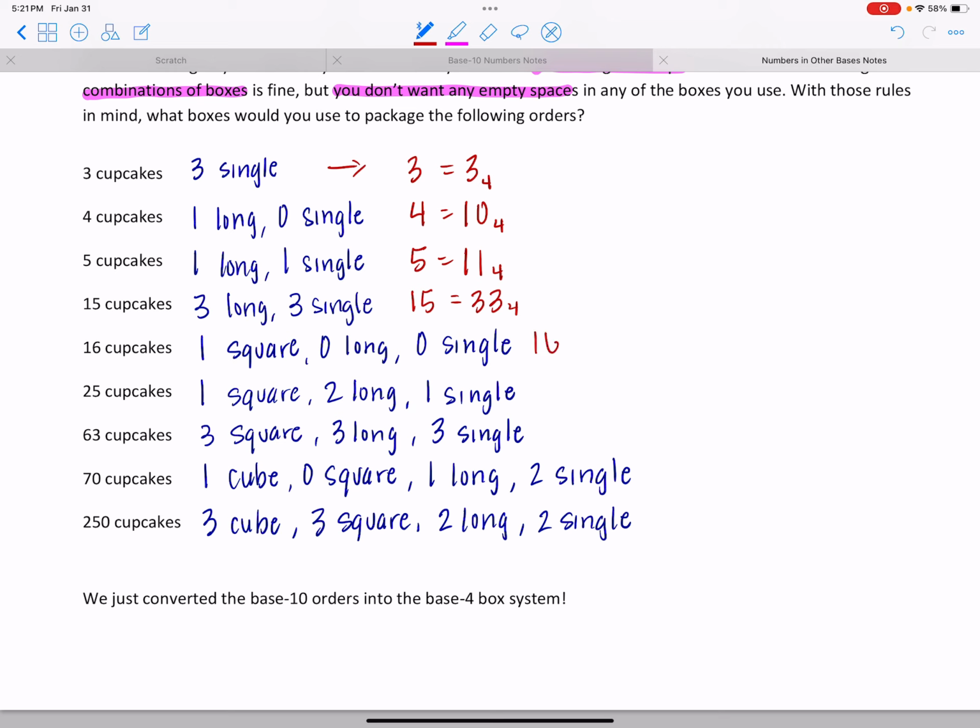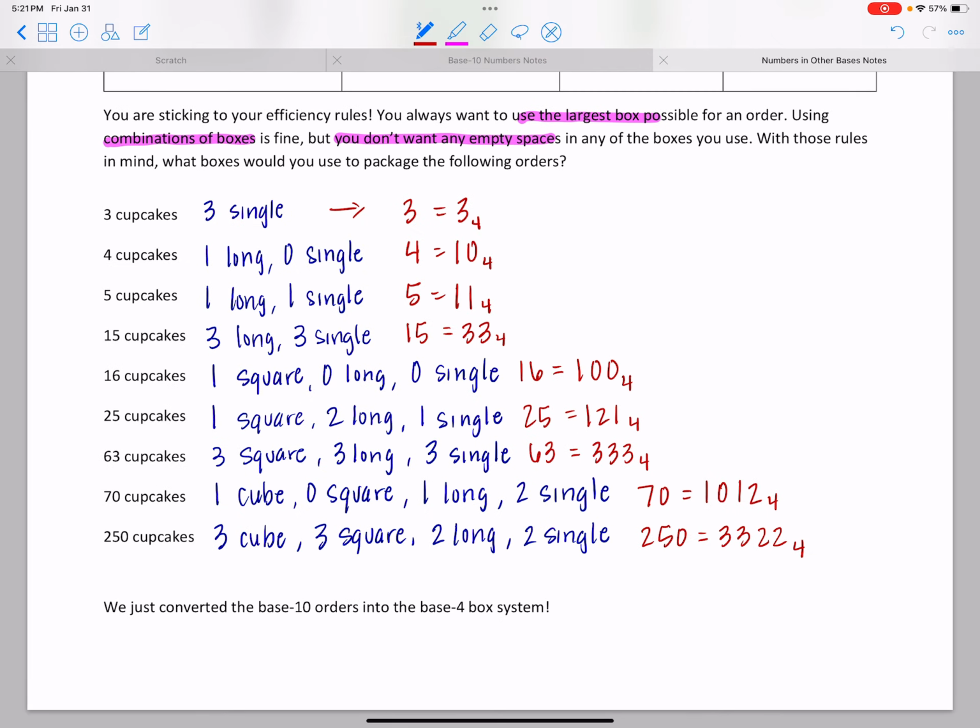Or 16 is 1, 0, 0 base 4. 25 is 1, 2, 1 base 4. 63 is 3, 3, 3 base 4. 70 is 1, 0, 1, 2 base 4. And then 250 is 3, 3, 2, 2 base 4. So again, we took the base 10 and converted it to base 4.